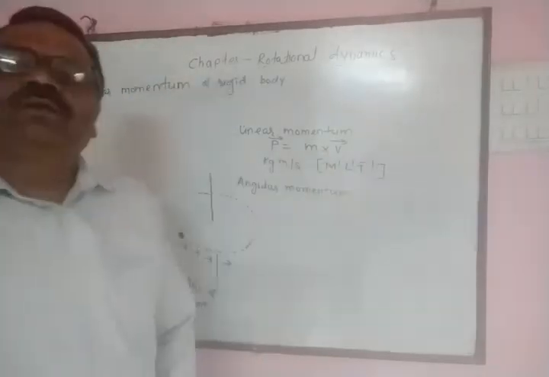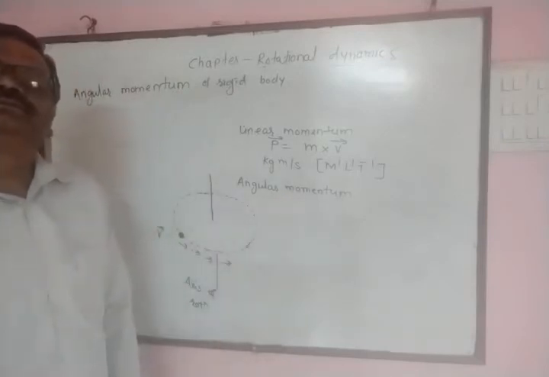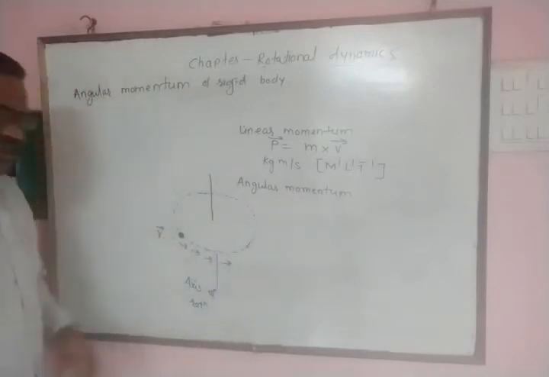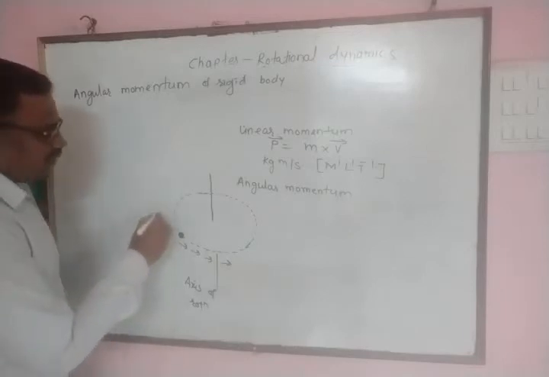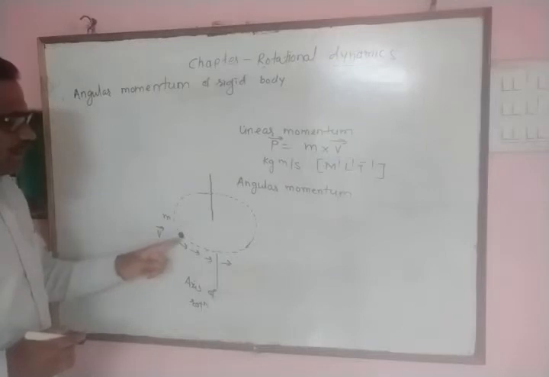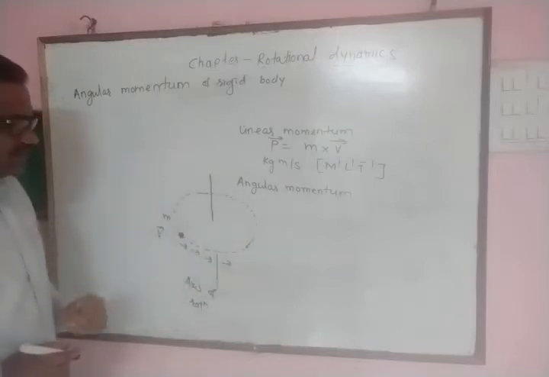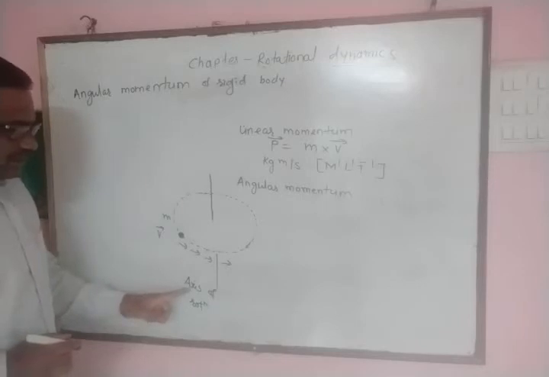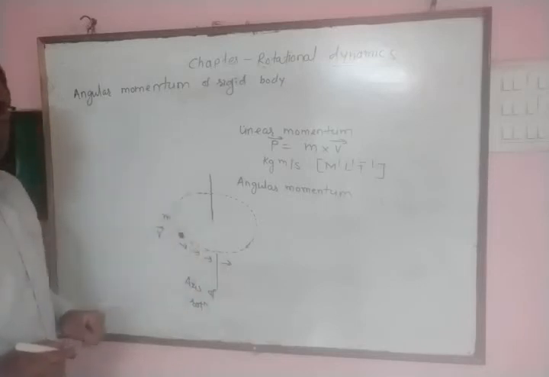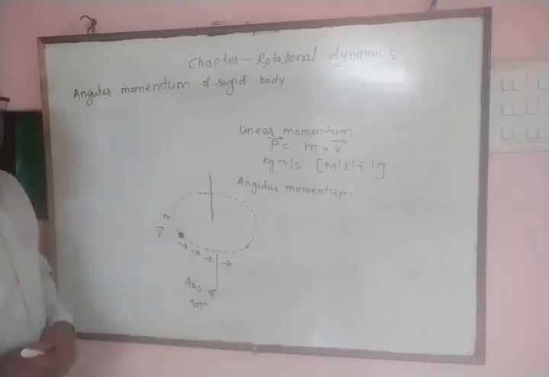We define what is angular momentum. Consider a particle of mass m performing circular motion along the circumference of a circle. This is the axis of rotation. The particle is moving along the path with linear velocity v.